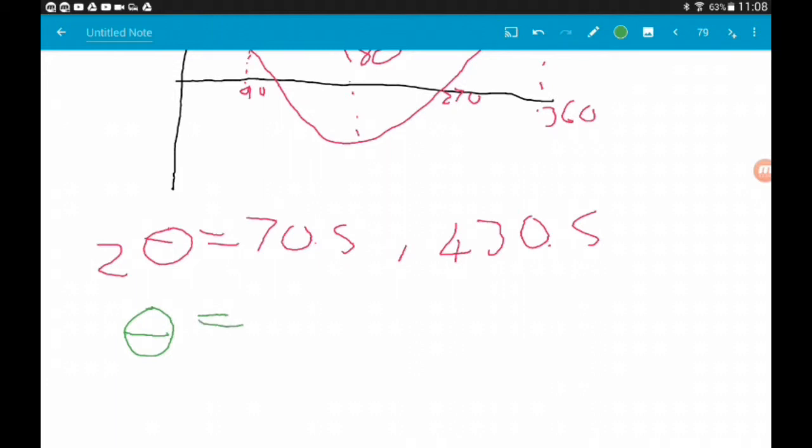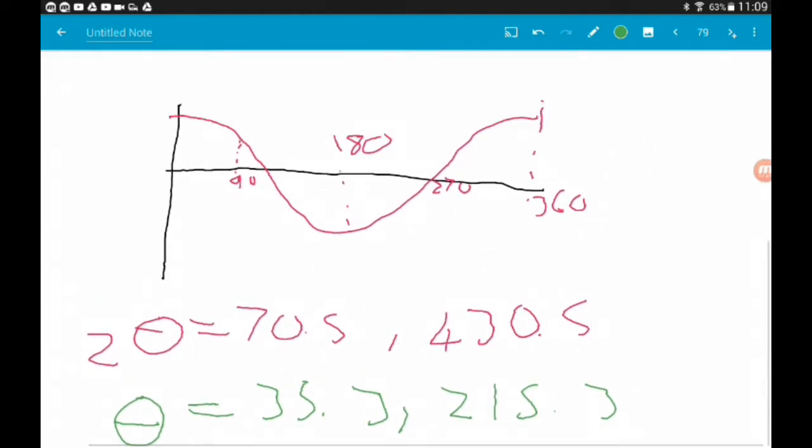So 70.5 divided by 2 would be 35.25, but we want one decimal place, so we're going to go 35.3, and then 430.5 divided by 2 is 215, again 0.25, but to one decimal place, 0.3, so 215.3. So those are our first two values for theta.